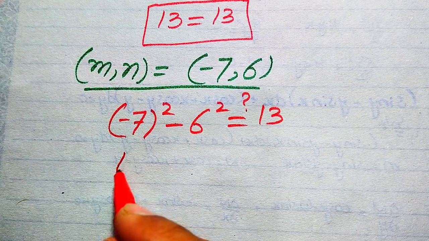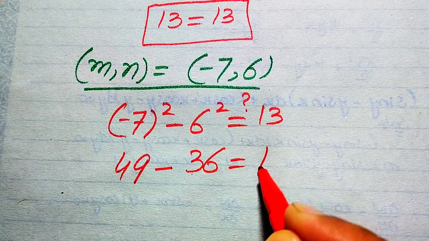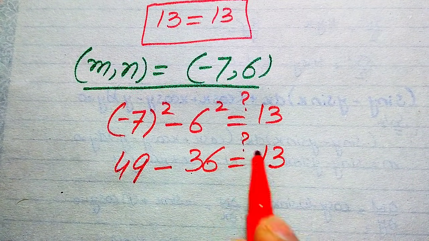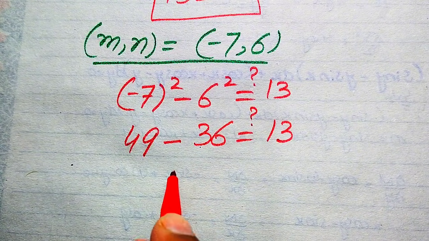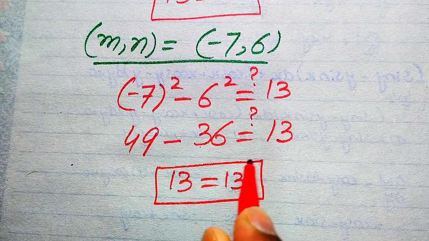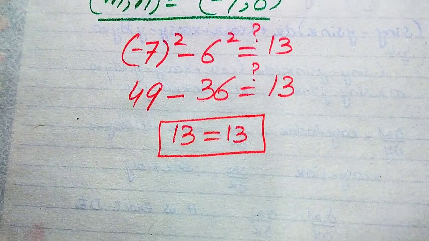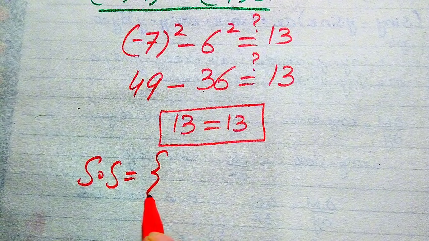So -7 square becomes +49 and 6 square becomes +36 and it is equal to 13 or not. This is our claim. And 49 minus 36 is equal to 13 equals 13. So this shows that both of the sides are equal. It means that both of the roots satisfy our given question statement.